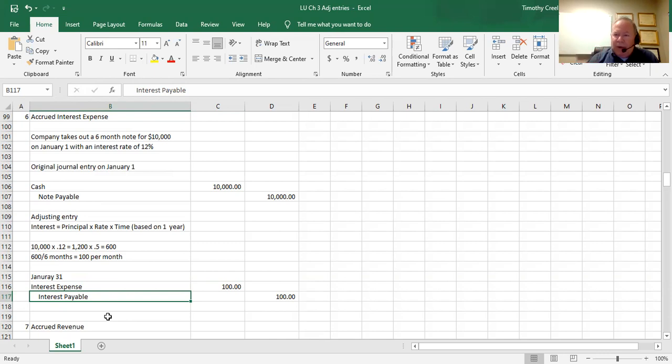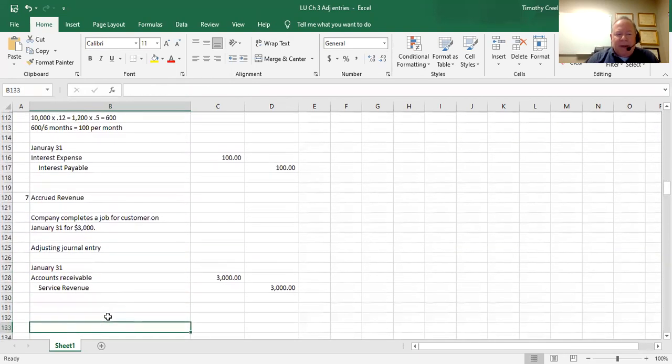We would have at that point recognized all of the expense, so we would just clear out the interest payable when we paid off the loan, because we would have recognized the interest expense every month along the way. So this is an example of how you would see accrued interest expense as an adjusting entry.